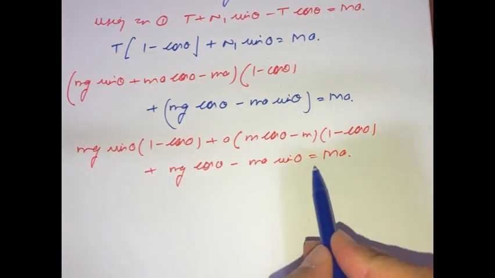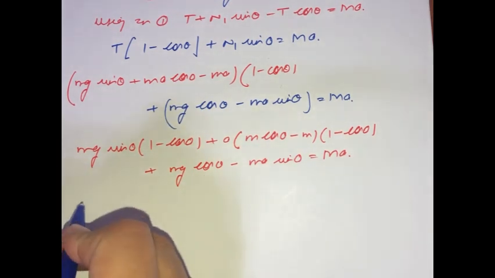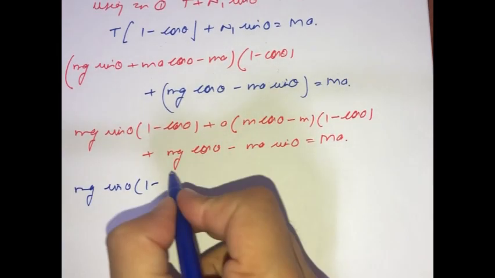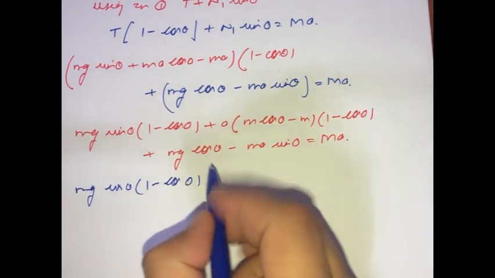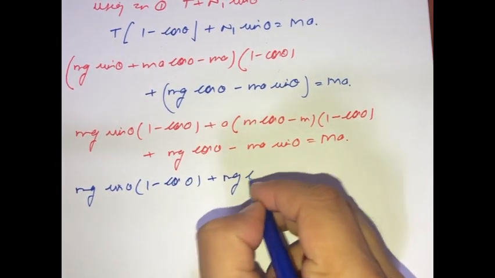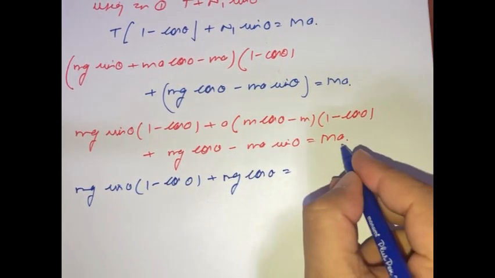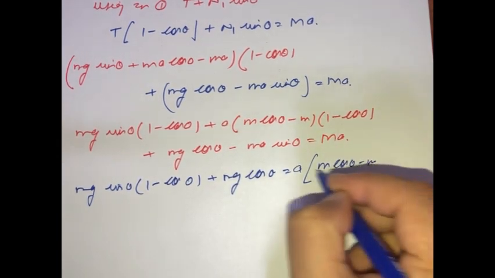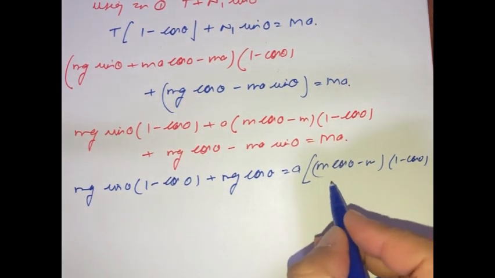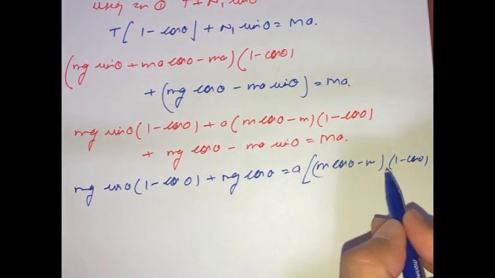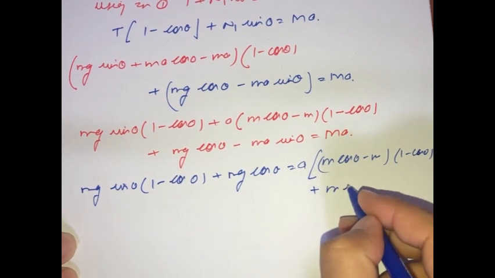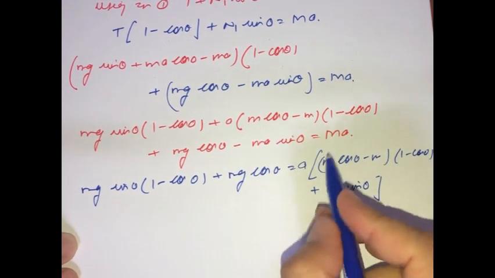Now shifting the like terms to one side, we can say that mg sin theta 1 minus cos theta plus mg cos theta is equal to, taking a as common now, m cos theta minus m 1 minus cos theta, and from here this will be plus m sin theta, and we can take minus here.